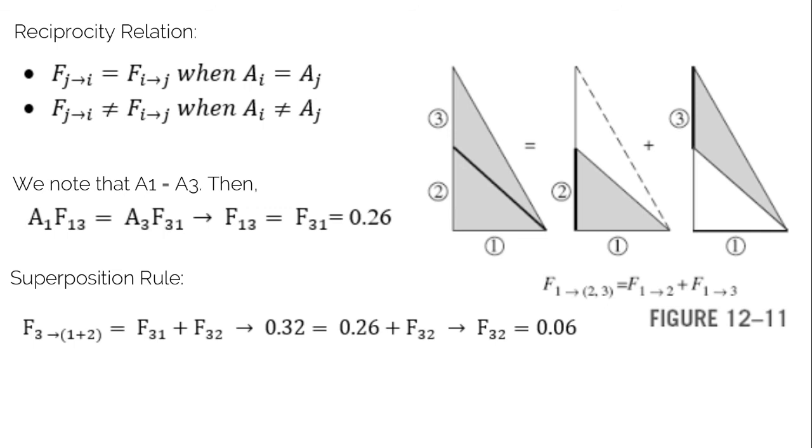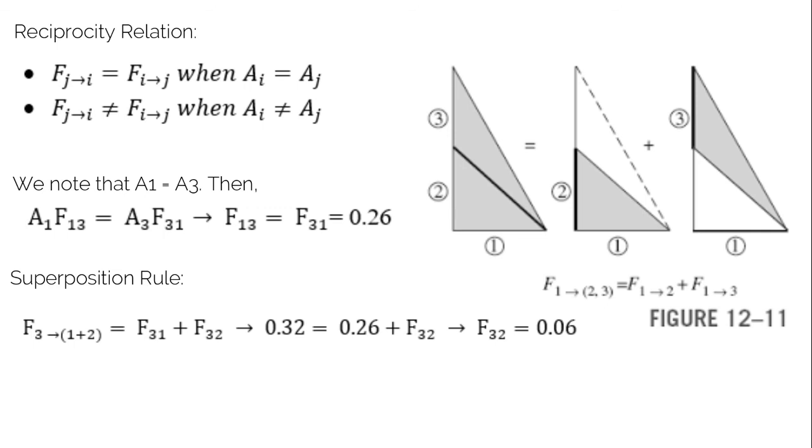We already have the view factor from 3 to the combination of surfaces 1 plus 2, and we also have F3 to 1. So, it gives us 0.32 equals 0.26 plus F3 to 2. Then we solve this equation and we get F3 to 2, which is 0.06.